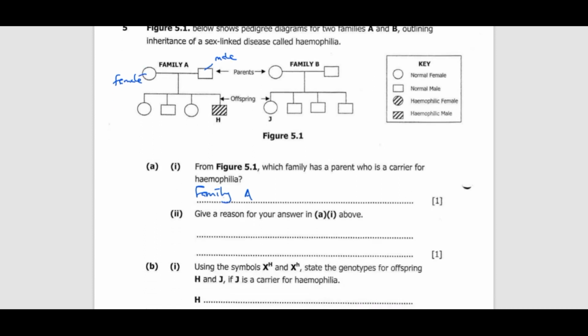Let us move to question A2. Give a reason for your answer above. So we should give a reason.